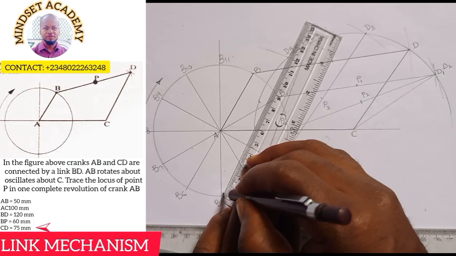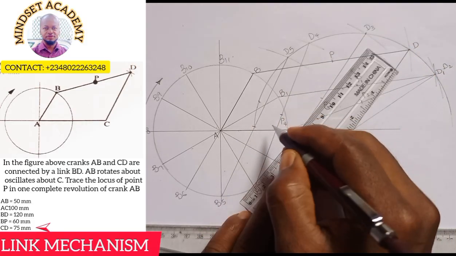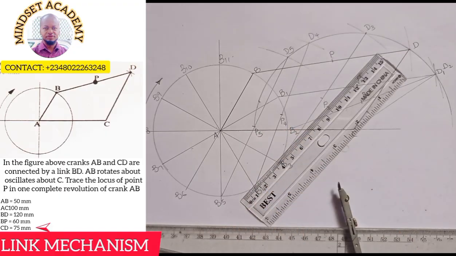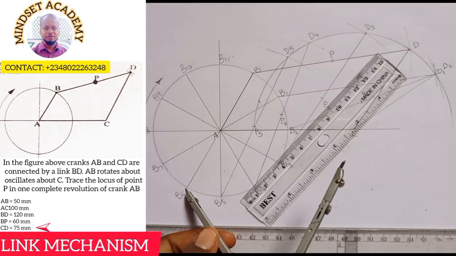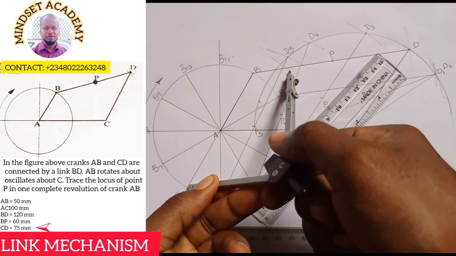I'm having this. So half of it is my P5. Similarly, B6, if I place it here, I'll cut here.